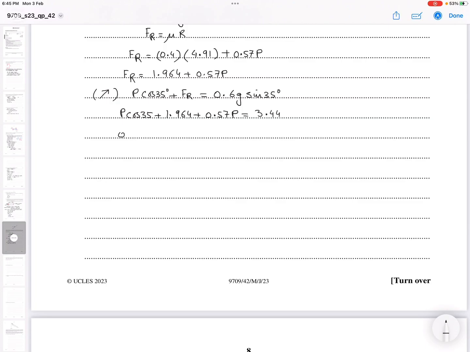So 0.819p. This is P cos 35 plus the like terms.